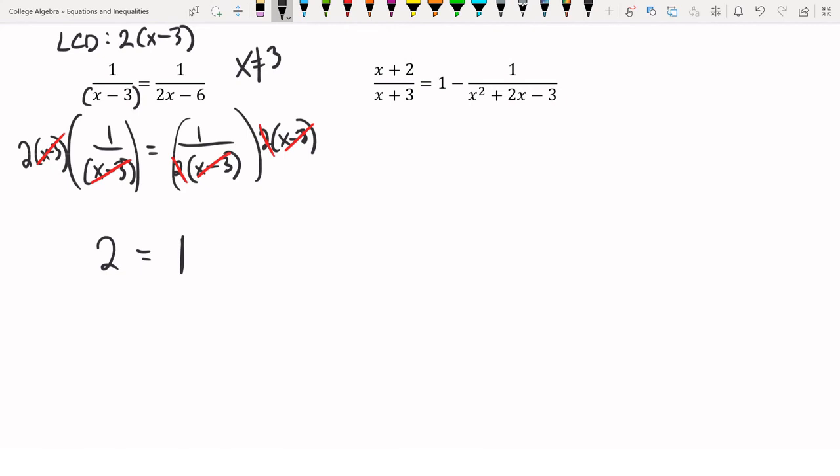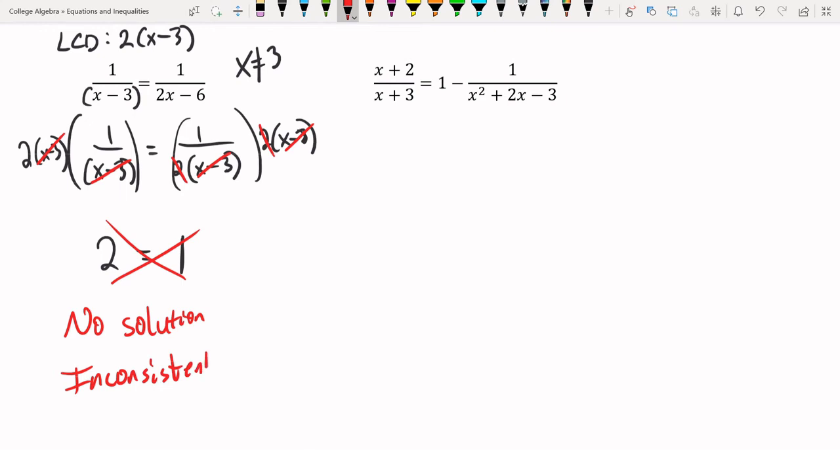And you see we get a false statement. 2 does not equal 1. So we say no solution. This is an inconsistent system. It has no solution.